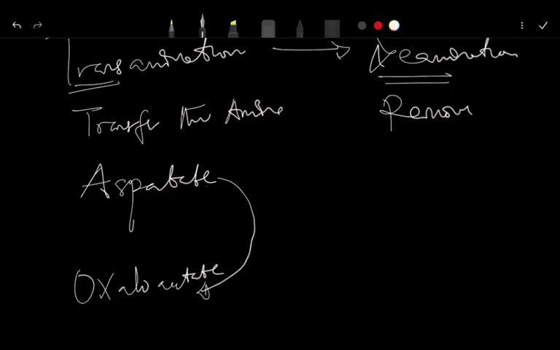It means that we've removed the amino group from aspartate. What we are left with is a keto acid called oxaloacetate.